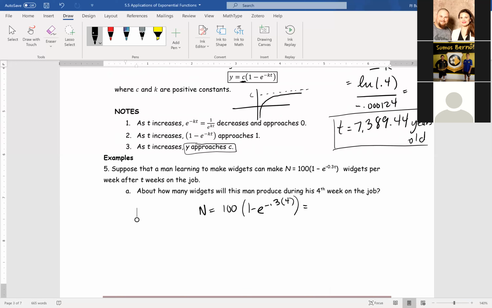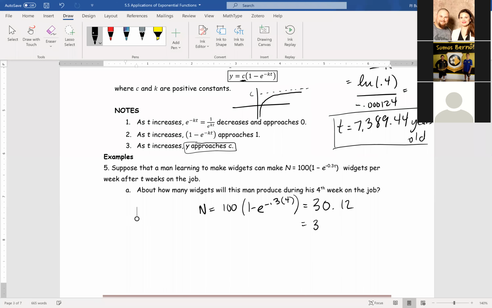So if I do that quickly, it's like 30.12. And if I had to say how many did he make, well, I guess that means he made 31.